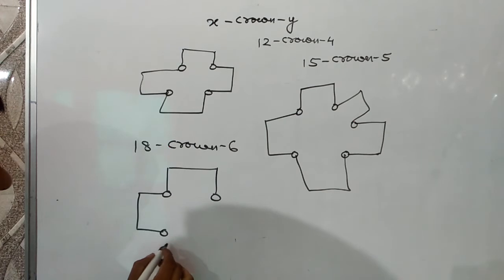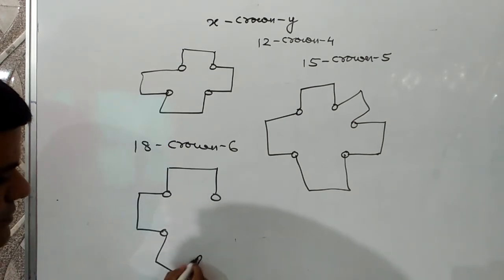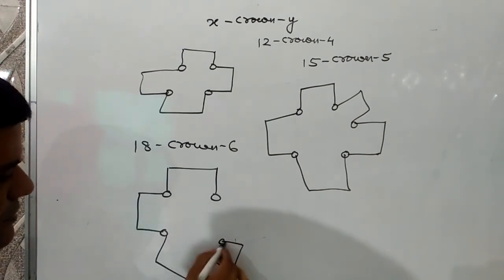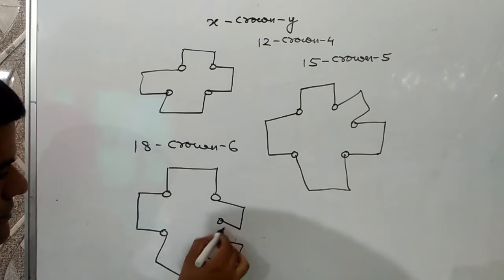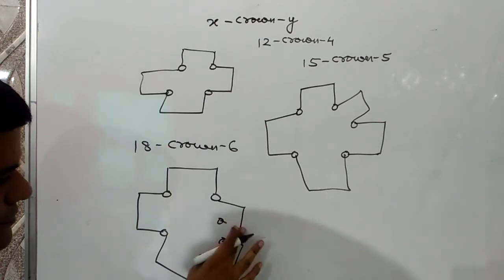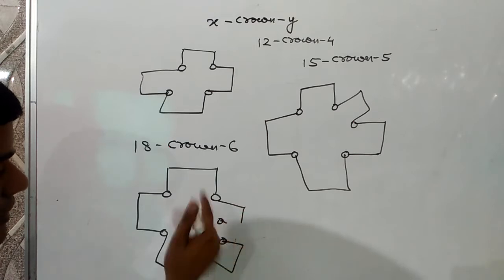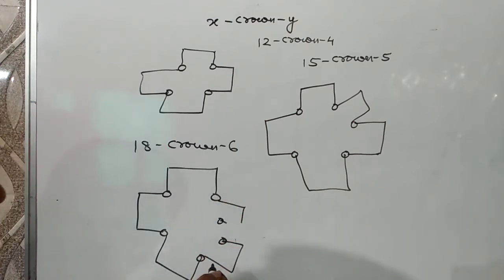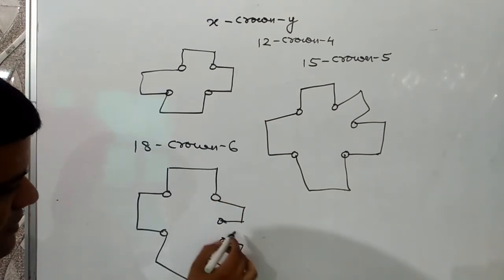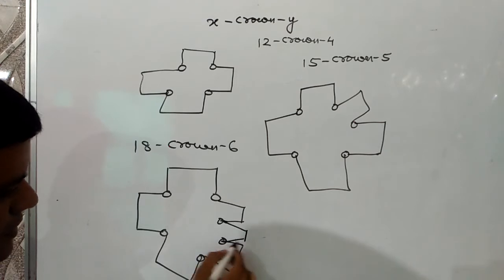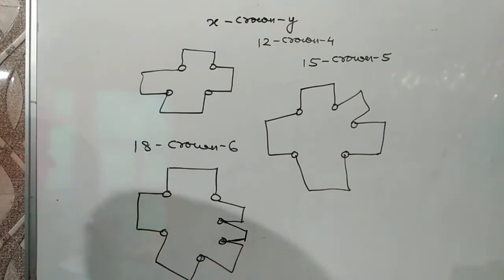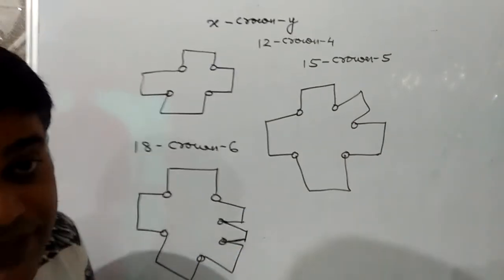The total atoms will be 18, and oxygen atoms will be 6. I hope you understand crown ethers.